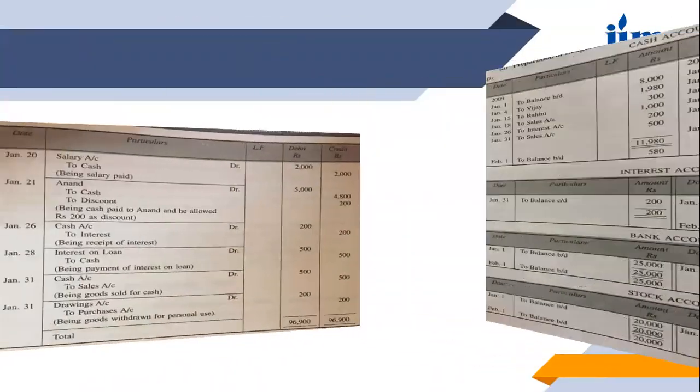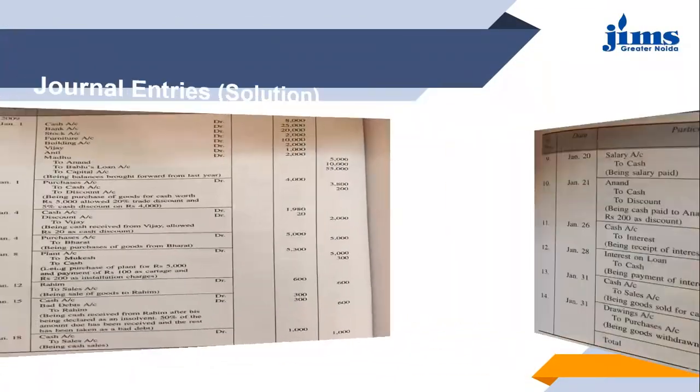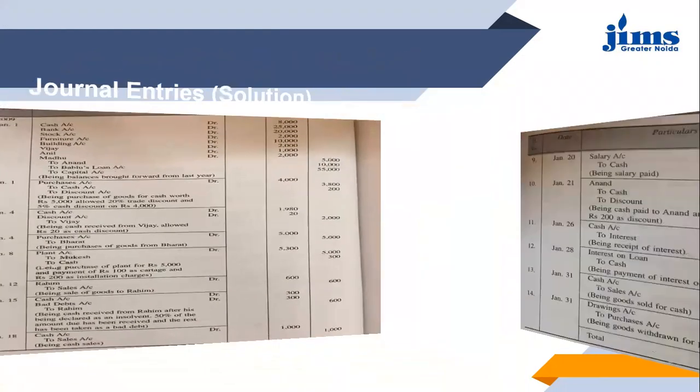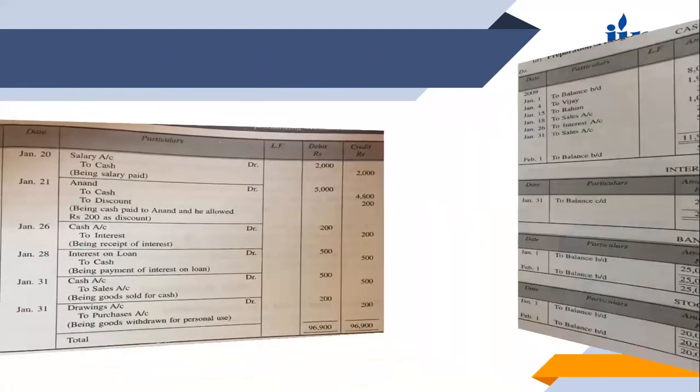Now we'll go back to the next journal entry, that is cash account debited, discount account debited to Vijay. We already have cash account prepared, we already have discount account prepared, Vijay account we need to prepare. So first we'll take up the entry for cash account and discount, then we'll go for the Vijay account.